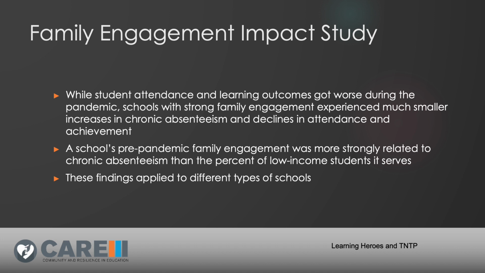And what we see is that when we have strong family engagement, strong family-school partnerships, strong trust in school systems, that's a higher predictor of student attendance than coming from a low income community.